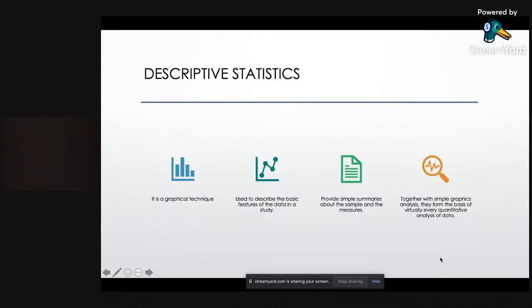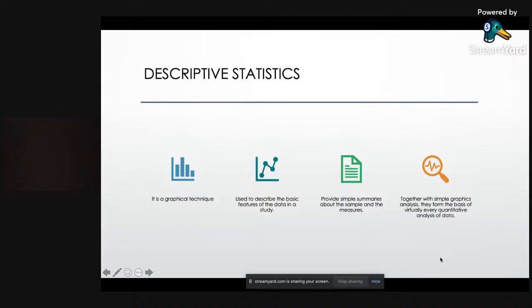Okay, what is descriptive statistics? So it is a graphical technique basically. We have so many graphs available, right? If, let's say, you go through Excel, you can understand from that. So it can be anything, and it is used to describe the basic features of the data in a study. Basically, there are so many graphs available, but not all graphs are suitable for every set of data.